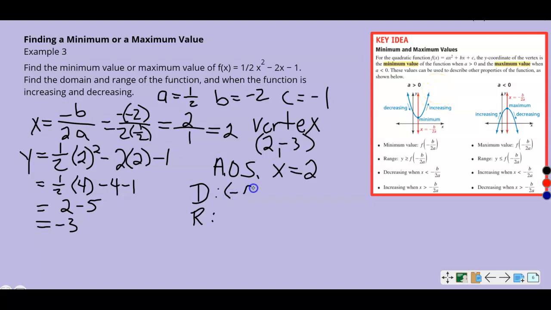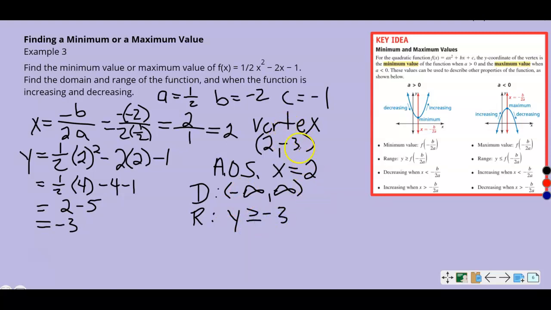We can state that by saying negative infinity to infinity. The range is going to be everything above or below the vertex. Since this one is positive, it means it turns up. So it's going to be all y values greater than the y, which in this case is -3. So it's going to be all y's greater than or equal to -3.